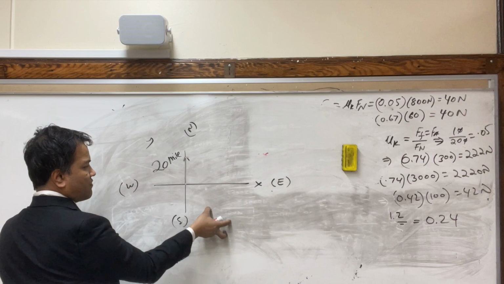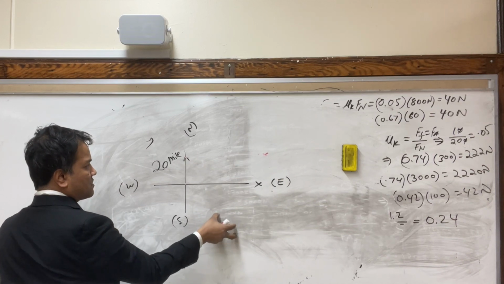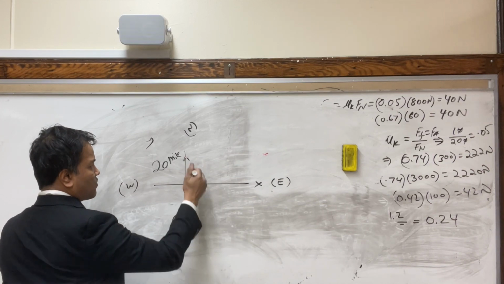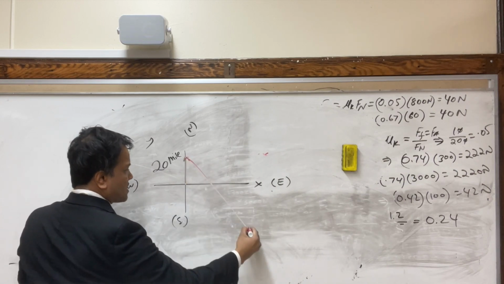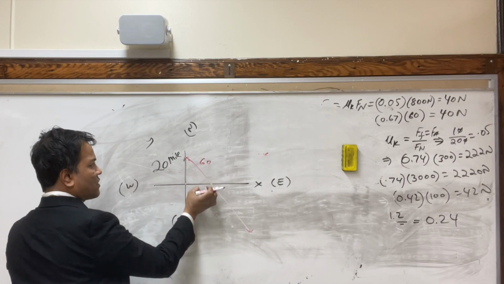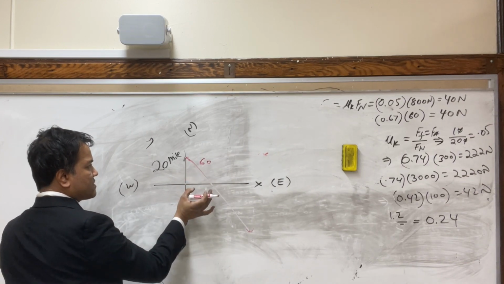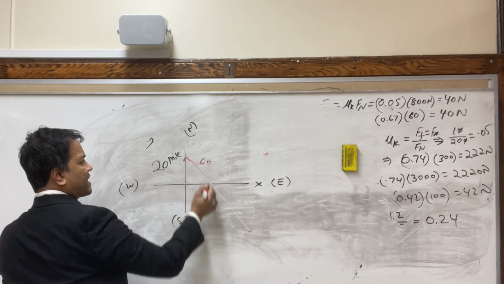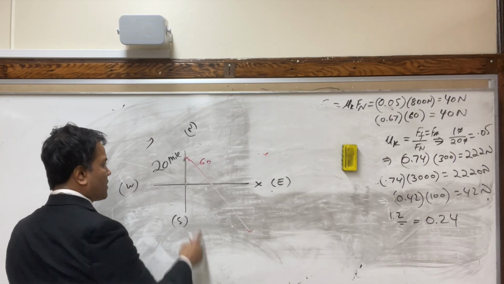Southeast means fourth quadrant. Understand that southeast means fourth quadrant. So 60 degrees southeast means 60 degrees below the x-axis. This is below the x-axis, clockwise, and this is above the x-axis, or counterclockwise. Alright.